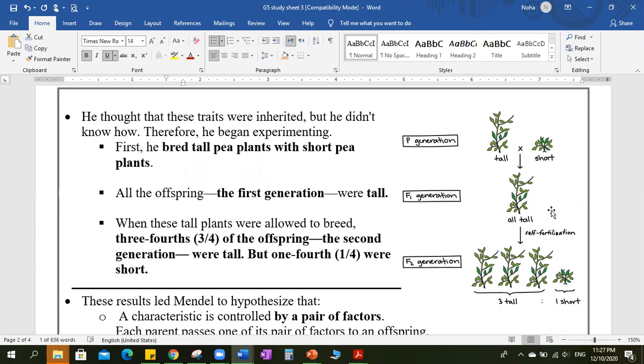The short trait or the recessive trait appeared in the second generation in 1/4 of the seeds because this one was the only one that carried both factors for the recessive trait.